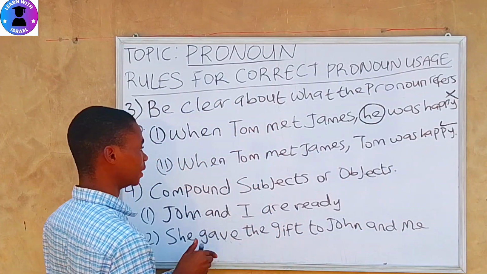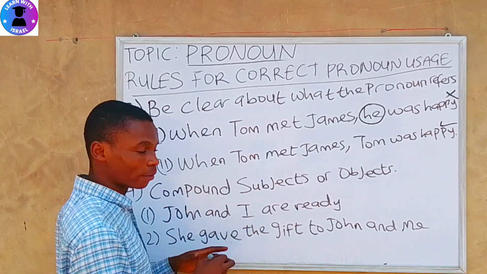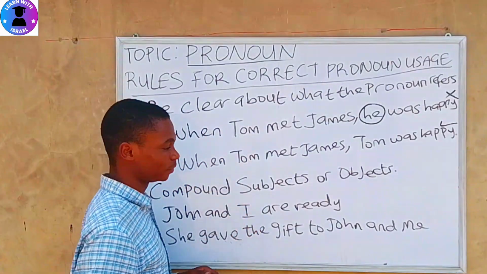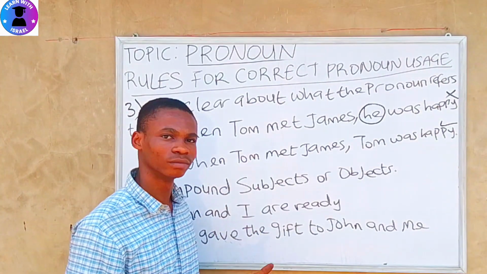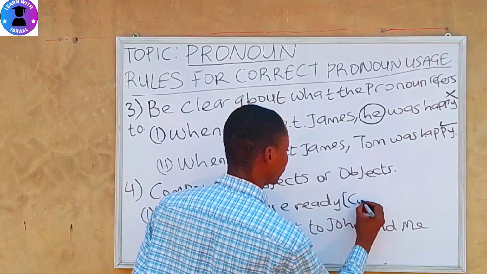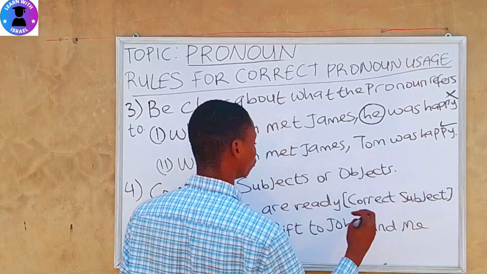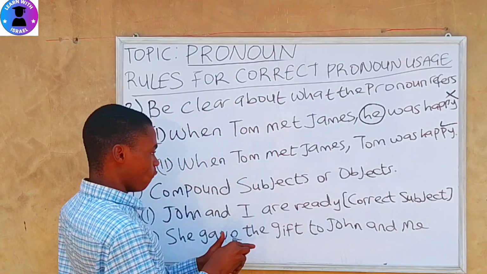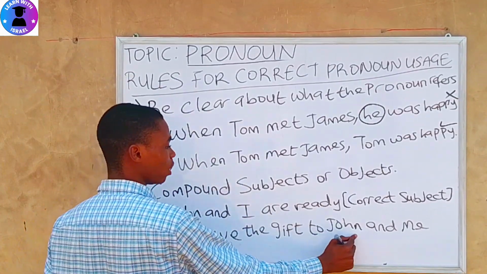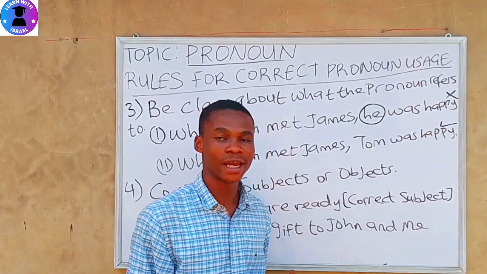So which one is the correct subject and which one is the correct object? The correct subject is John and I. I said earlier that I is the subject, the one carrying out the action. John and I are ready. So this is the correct subject. So we need to know how to use the correct case for the compound subject or object. The second one, she gave the gift to John and me. It is wrong to say she gave the gift to John and I. Why is it wrong?